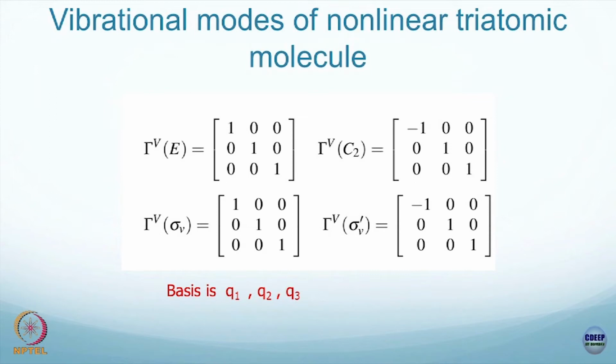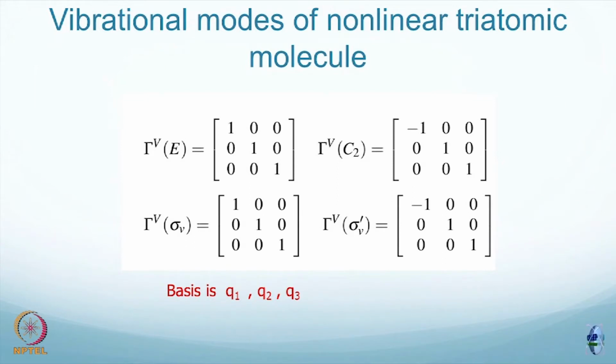So, Q1, Q2, Q3 will remain invariant, but if you take the yz plane, x coordinate is going to change sign, right, and you can show how the elements in Q1, Q2, Q3 are modified. Okay. So, this element I have not worked out, take it to be the yz plane, and do the same exercise I did for C2 and write down this matrix in the Q1, Q2, Q3 basis.